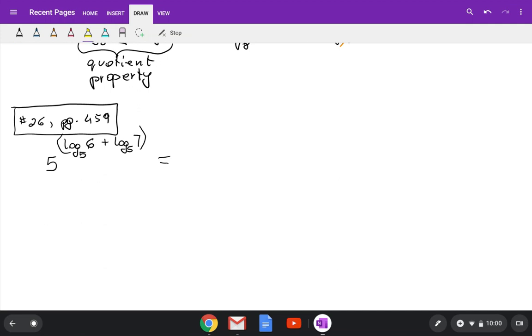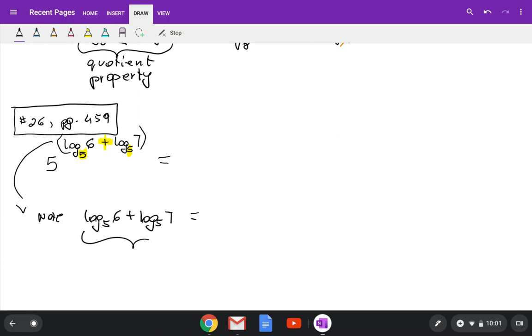Hopefully you recognize right now that when you have a sum of two logs of the same base, you can rewrite them as a product. Again, note: log base 5 of 6 plus log base 5 of 7.